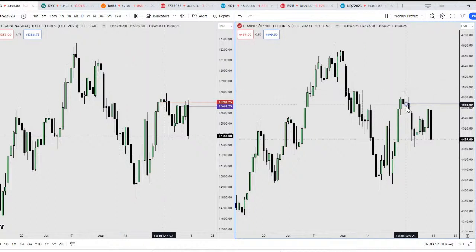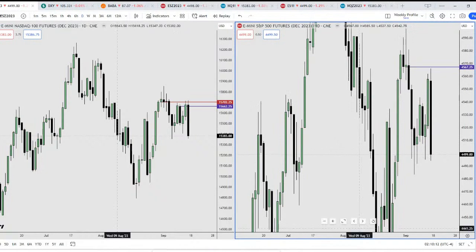So this entire range is the order block. You can see that it reached almost touching the opening, but failed to do so. Then you can see that the price is closing in the vicinity of this inefficiency here, which is also a daily CB.